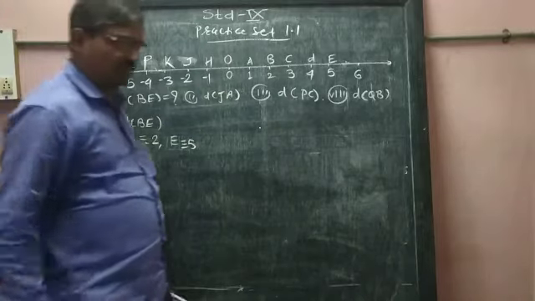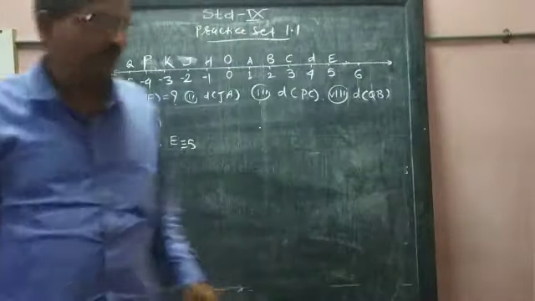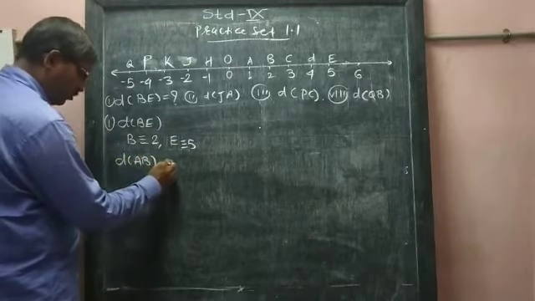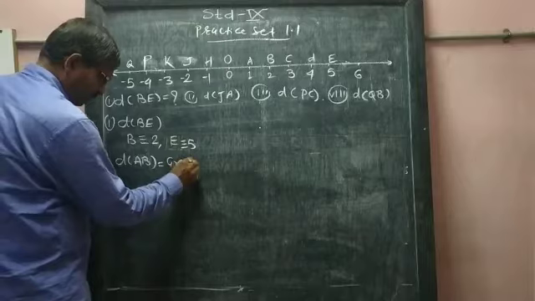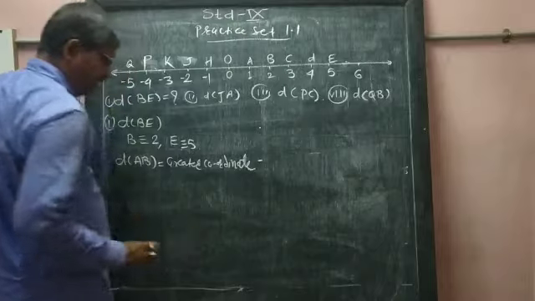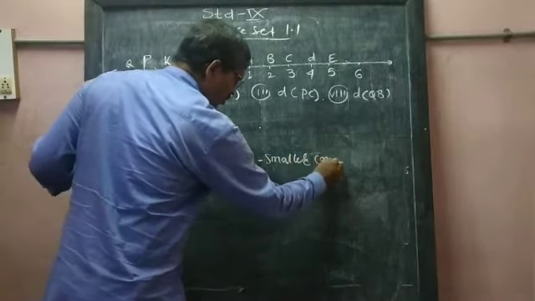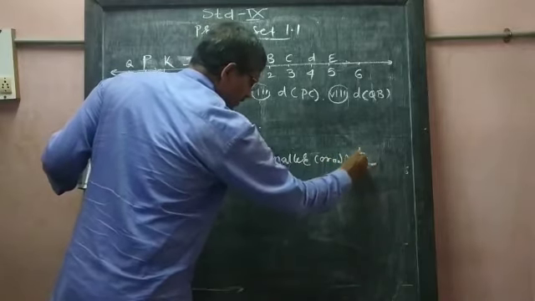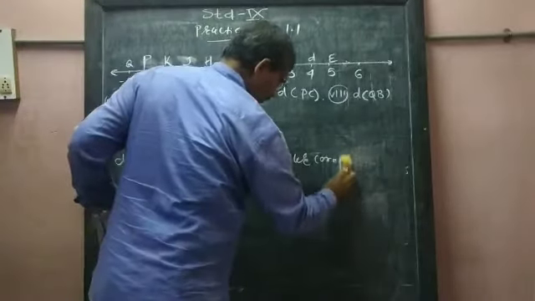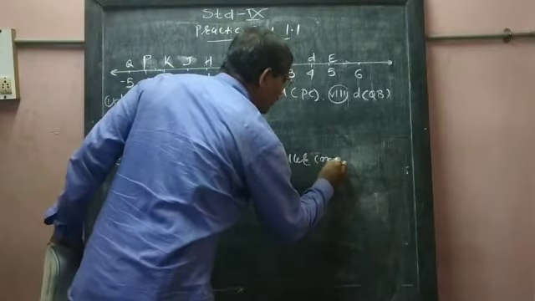We want to find the distance between these 2 distinct points, and to find the distance we will use one formula: distance AB is equal to greater coordinate minus smaller coordinate.